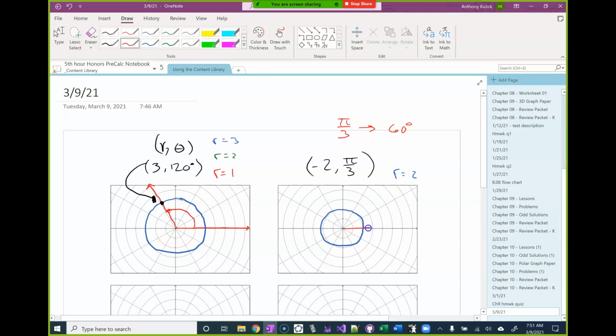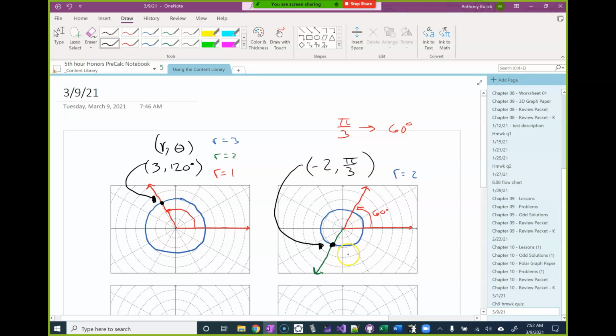So 60 degrees, our initial side is here, and then our terminal side would be here. But since we're talking about a negative radius, what I'm going to really look at is this angle, which is like the opposite vector there. So this is my point down here. Everybody's okay with that idea? Again, not terribly complicated, but worth going over.